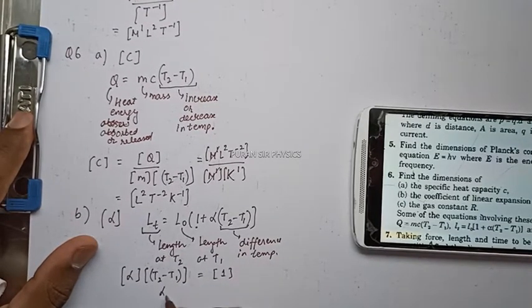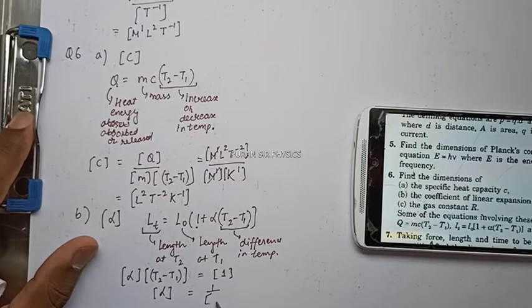So we can say your alpha has the dimension of 1 upon T2 minus T1, and I can write this as K raised to power minus 1 because it has the dimension of K.